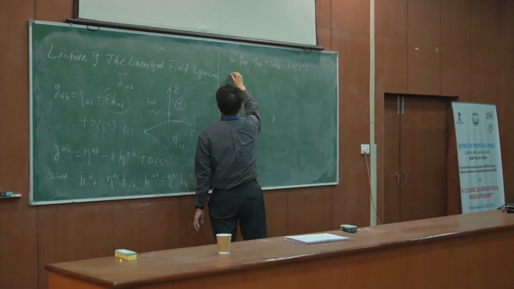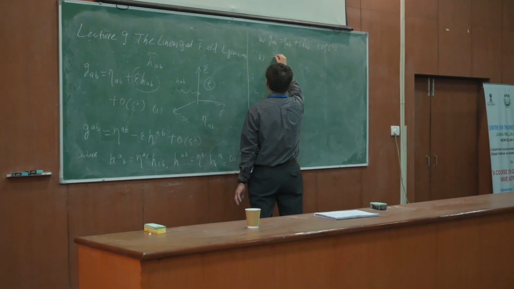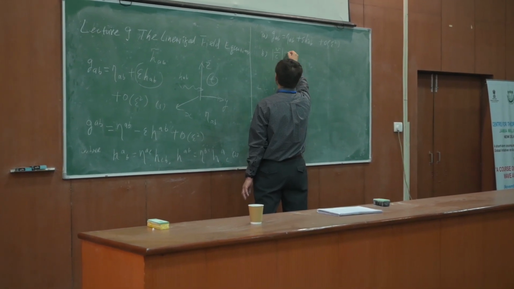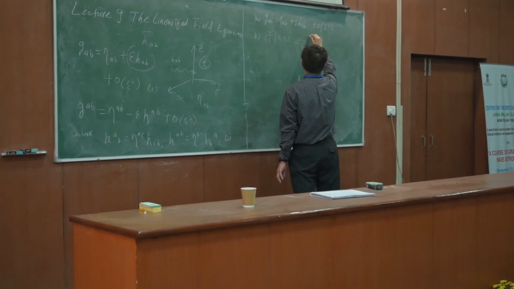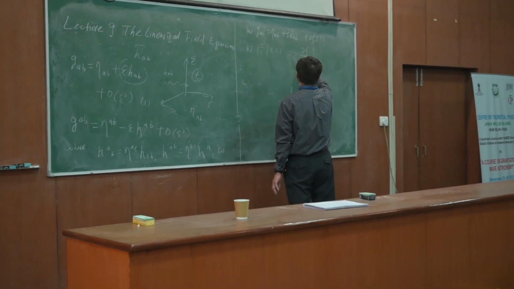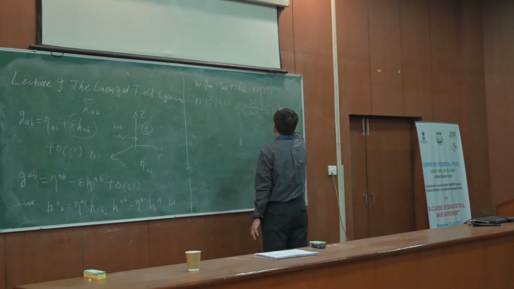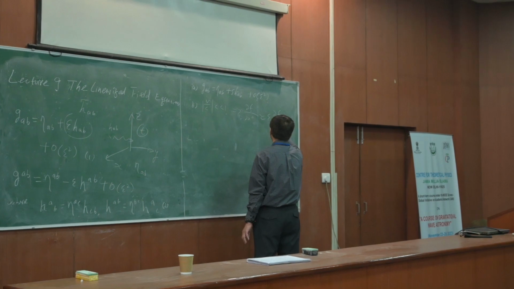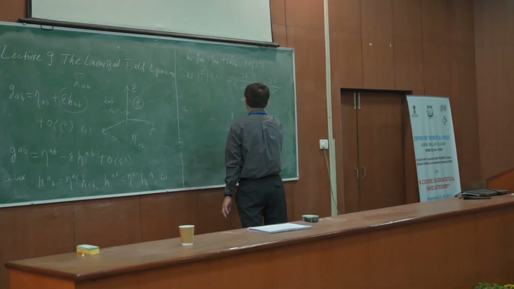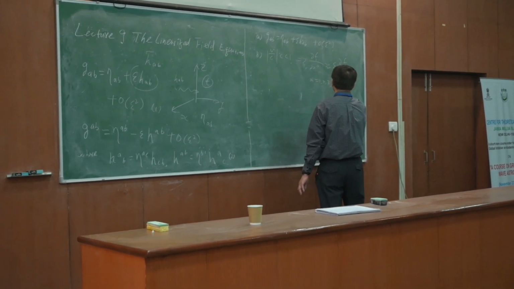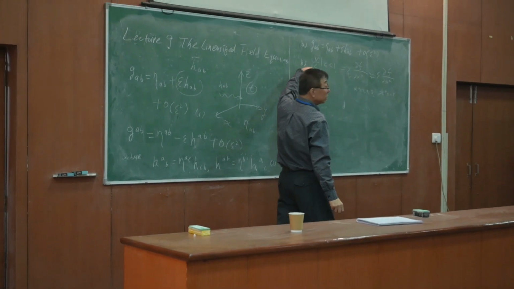The second condition is that the source is moving slowly, so v over c is much less than 1. Mathematically, this is equivalent to, for any given function f, dx^0 derivatives being of order epsilon times the spatial part df/dx^alpha, where alpha equals 1, 2, 3 and x^0 equals ct. So this is the Newtonian limit.